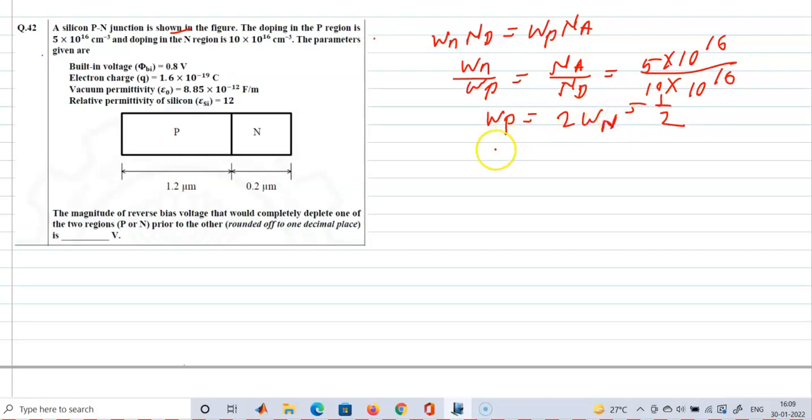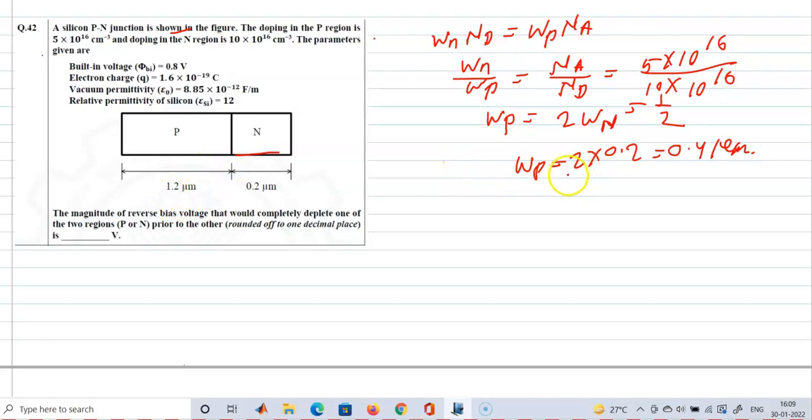Okay, so deplete, you can check from this side or this side. Let's assume, I am not sure, that the N side is completely depleted. Completely depleted means 0.2 micrometers, so W_P will be at that time 2 into 0.2, that is 0.4 micrometer, because it is already given as 1.2 micrometers.